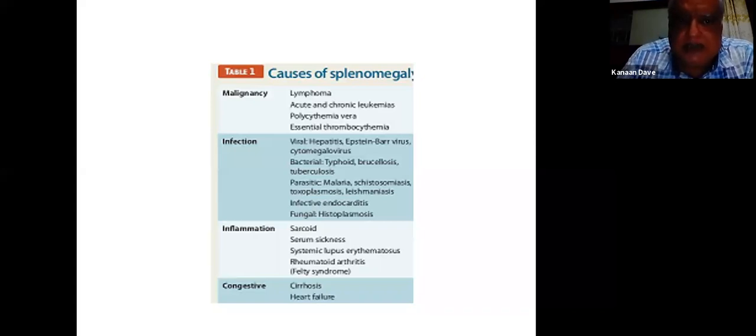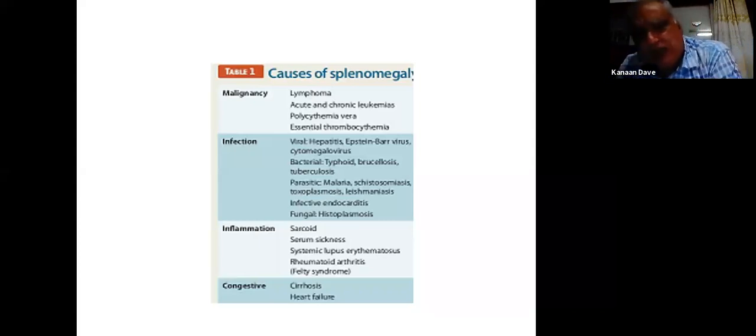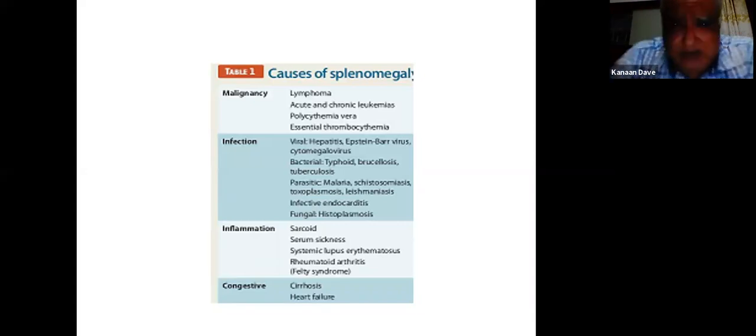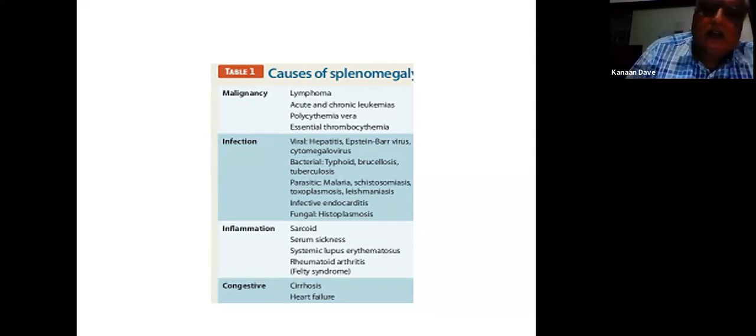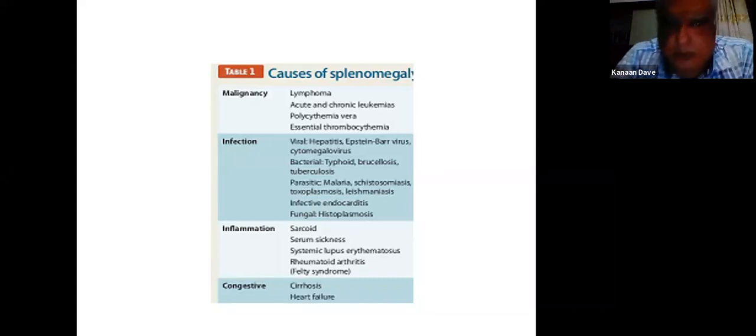We get the classical granulomatous infiltration within the spleen, and the spleen enlarges. Parasitic infections, malaria, schistosomiasis, not directly, but because of portal hypertension, increased pressures in the portal circulation, and we get a congestive splenic enlargement. In infective endocarditis and in disseminated fungal infections like histoplasmosis.